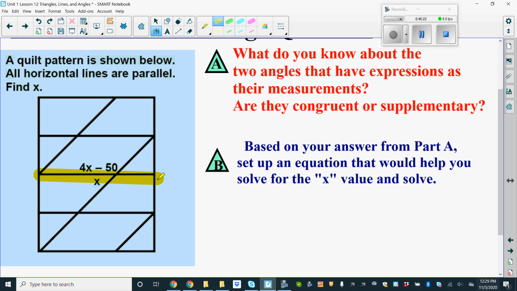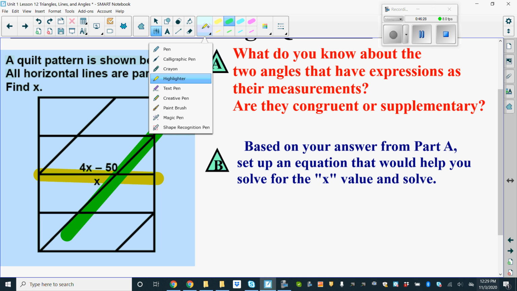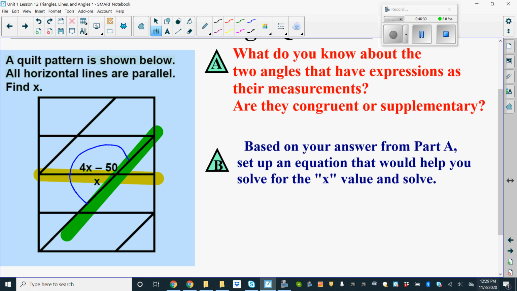And here's a transversal line. So a transversal line is a line, and all lines equal 180 degrees. So therefore we know that these are going to be supplementary. These are not congruent to each other. One is acute, one is obtuse.